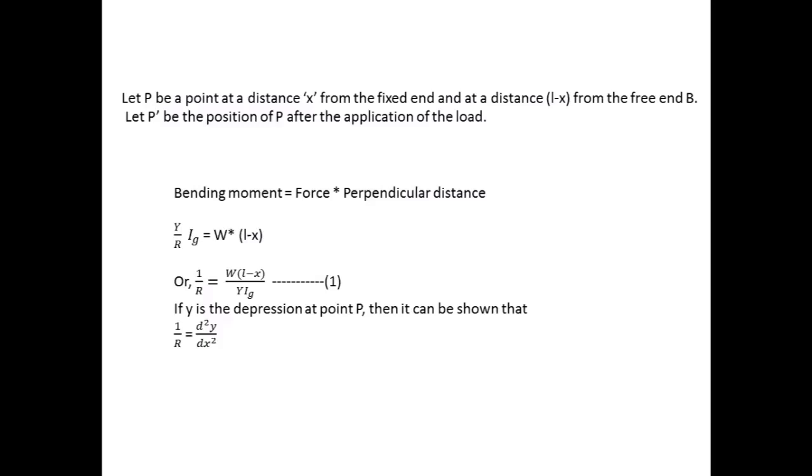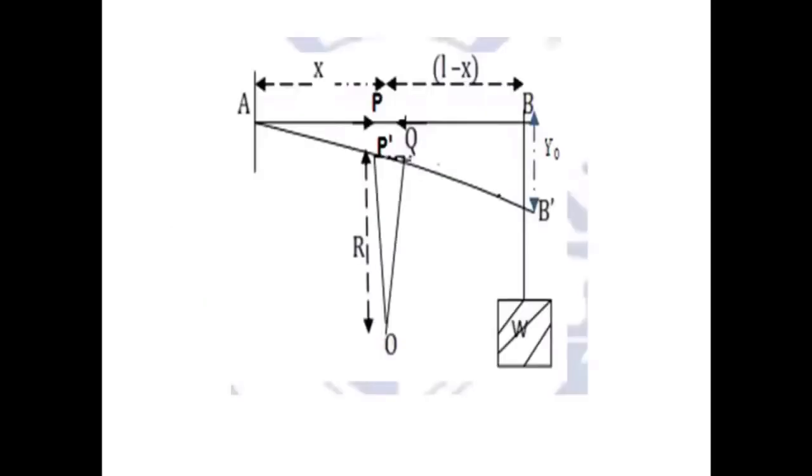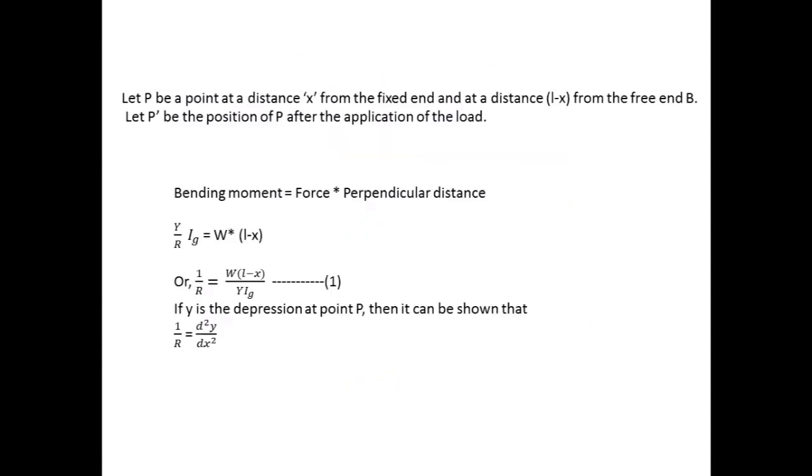In this case, the force is the attached weight W and the perpendicular distance is L minus x. Please note the perpendicular distance will be the distance from where the load is attached. Hence, the bending moment at point P is equal to W into L minus x.